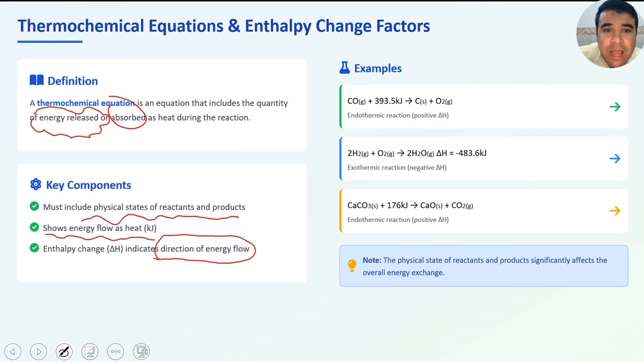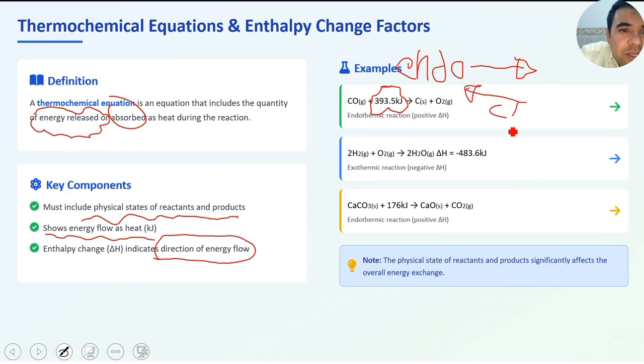If the amount of energy is given within the equation in the reactant side, that means the process is always endo. Which direction is endo? Forward. How about the reverse? The reverse is exo. If the amount of heat is written in the reactant, the forward is endo and the reverse is exo.